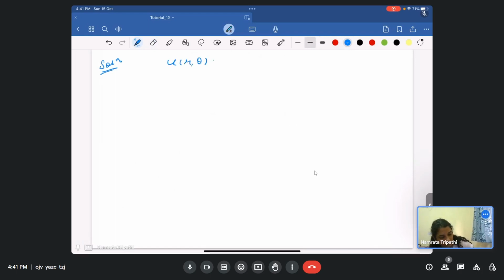Let's say u(r, θ) = R(r)T(θ) is a solution, not equal to 0, and after substituting you will get... okay, I'm writing some steps directly.